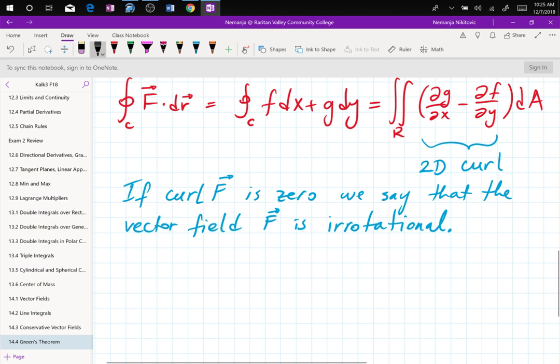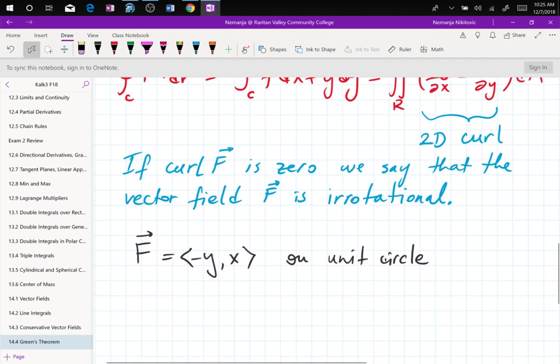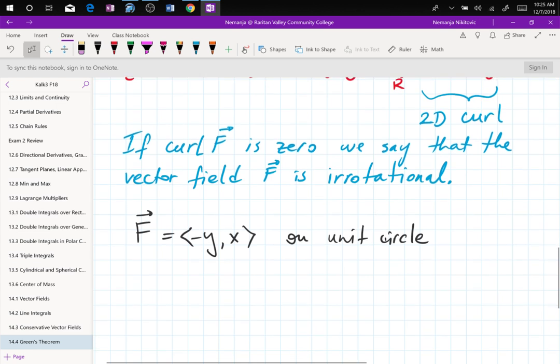So let's do the same problem, where we have our vector field to be negative y comma x on the unit circle. Right? So now, let's think about all of the prerequisites, and you're running this in your head. Is the circle closed? Yes.